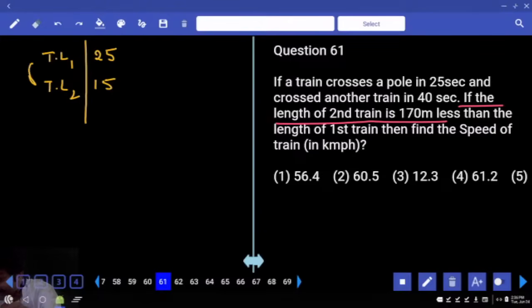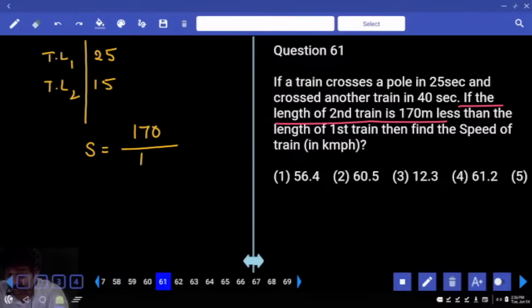What is the length difference? 170 meters. Because of that 170 meters less length, it is taking 10 seconds less time. Can I conclude that? So, the question is about speed. Distance by time.